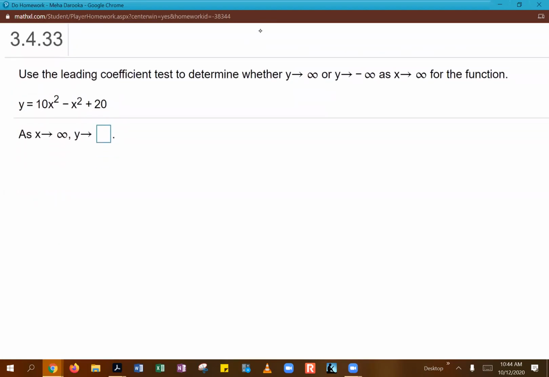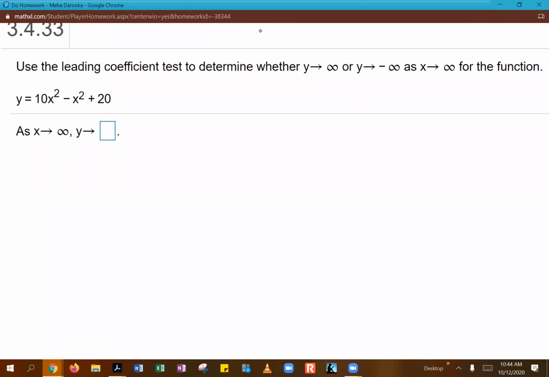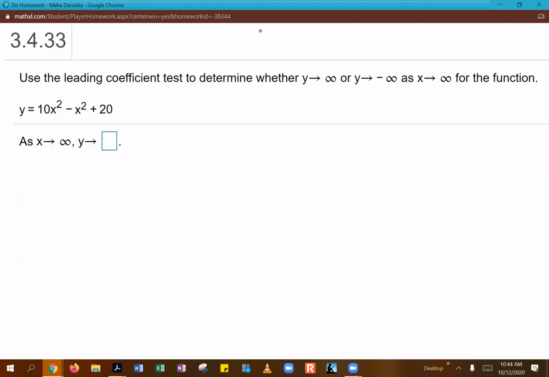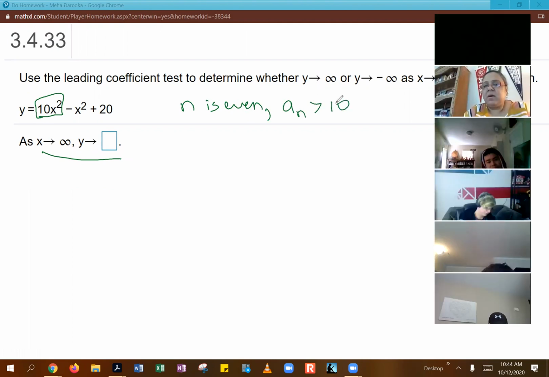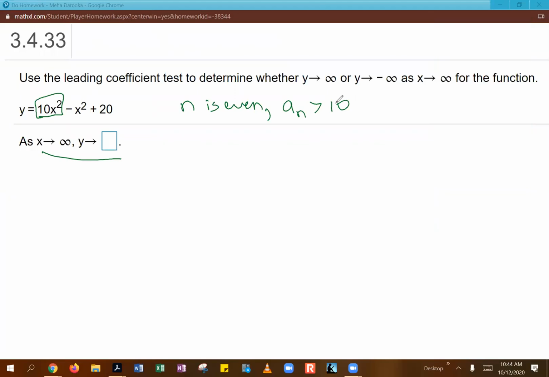So this one here is asking you, as x is going to positive infinity, where is your y headed? We have, again, only the leading coefficient. You can see we have an x squared function, which means our n is an even number, and you have a positive 10, which means our leading coefficient is a positive number, greater than 0. So a_n is positive.